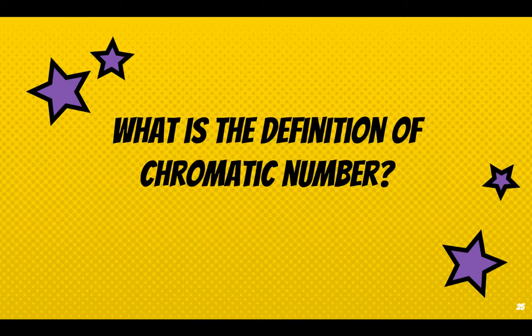We can also define it using graphs. It's the minimum number of colors required to color all vertices so that all vertices that are adjacent have a different color. I'm sorry, the number of colors that vertices are colored so that they have different colors if they have an edge between them. Okay, I apologize.